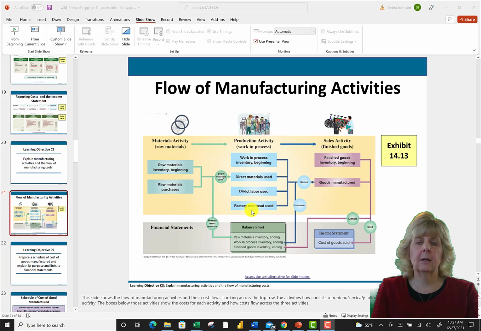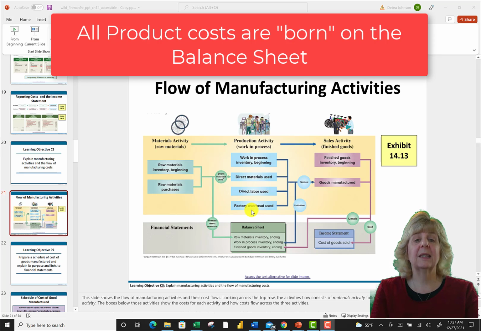So once again, we're looking at balance sheet accounts right now because that's where the costs are first birthed. To explain this, I'm going to lecture as we go and use an exercise that I am 100% certain is similar to a test problem.